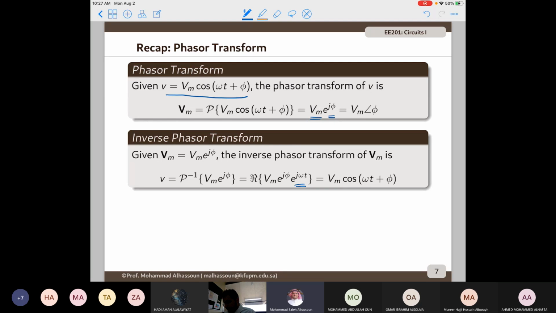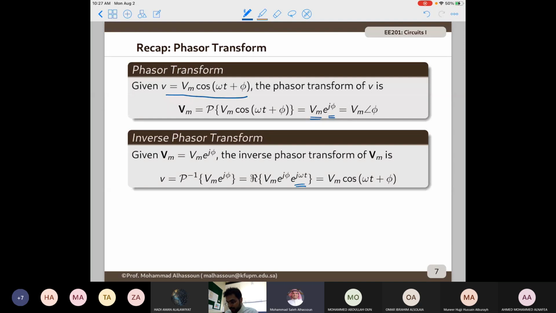If you remember last time, we solved several exercises on finding the phasor form of a sinusoidal function and finding the time domain form of a sinusoidal voltage or current that's given in the phasor domain.